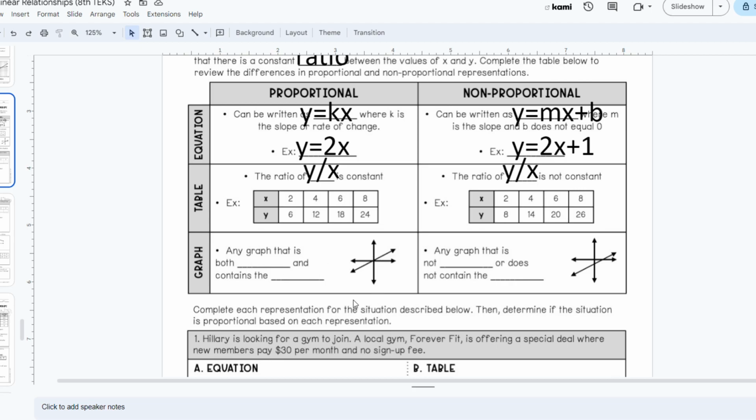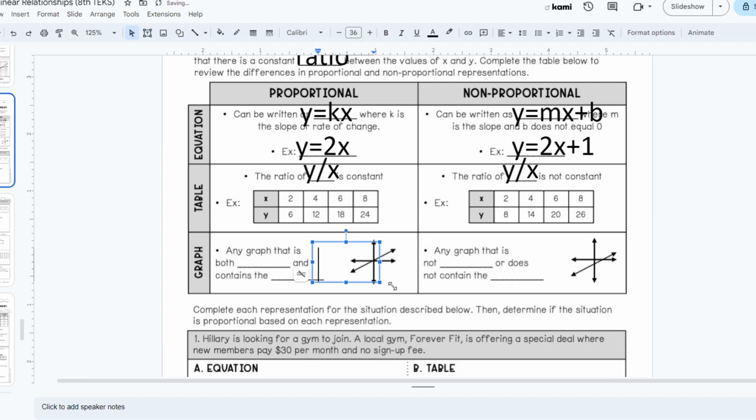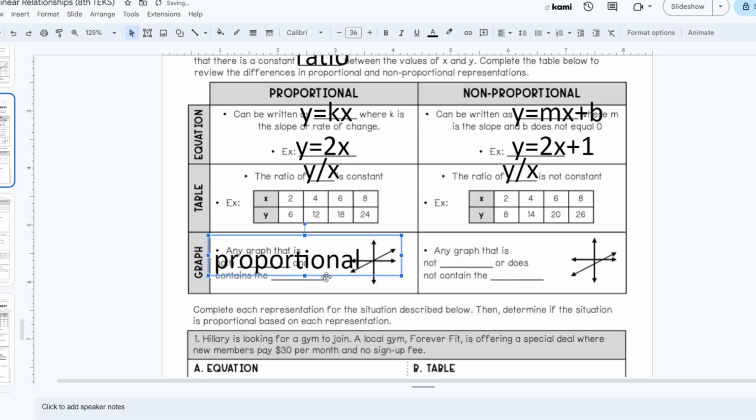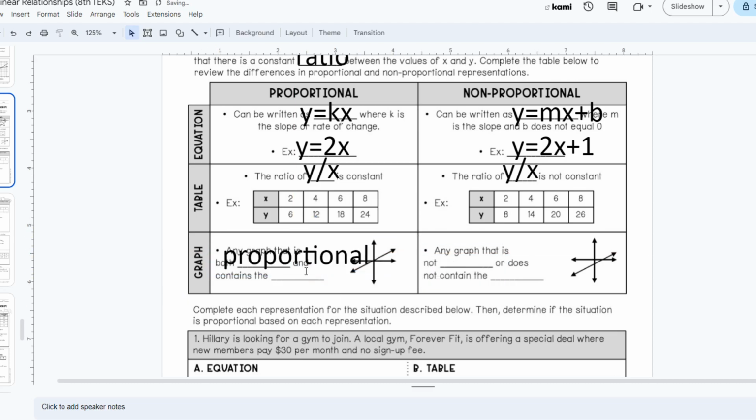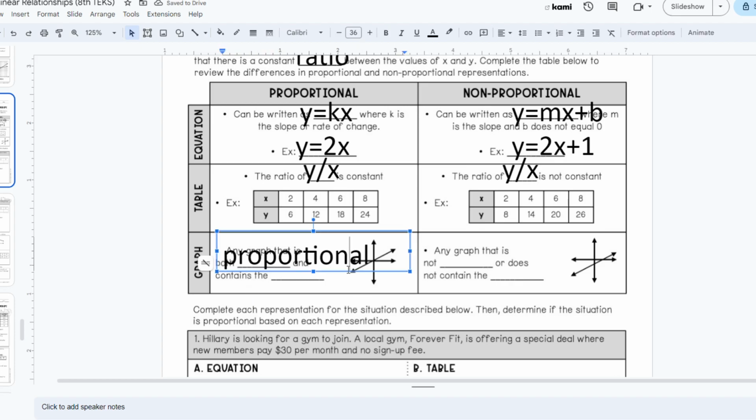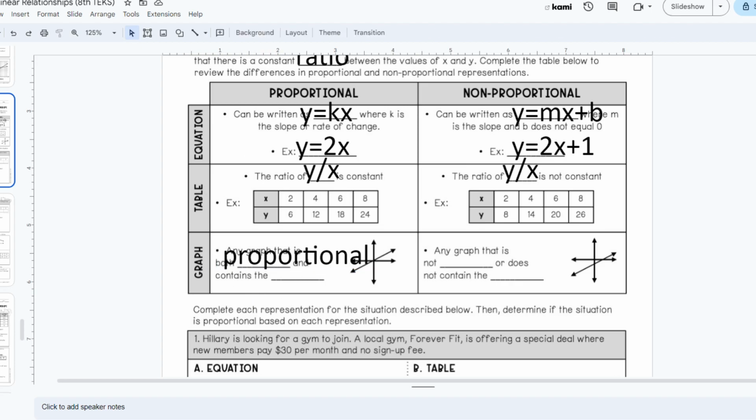I'm not sure what they're going for here. So any graph that is both proportional, I'm going to say proportional. Any graph that is both proportional and something contains the origin point.